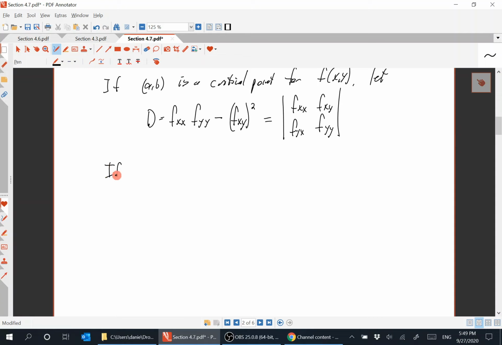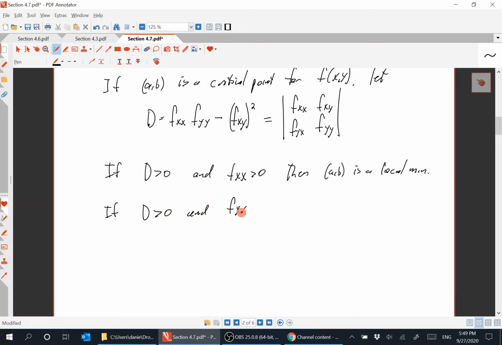If D is greater than 0 and fxx is bigger than 0, then (a,b) is a local min. If D is bigger than 0 and fxx is less than 0, then (a,b) is a local max.